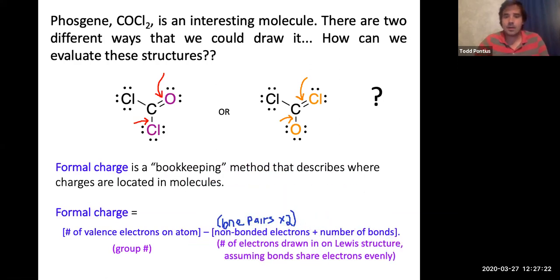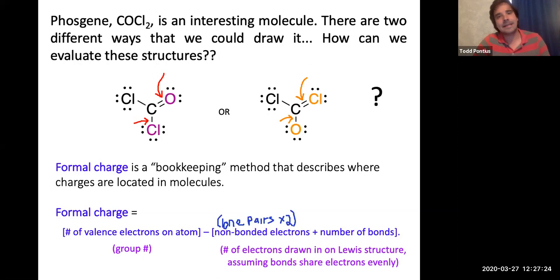The non-bonded electrons and the number of bonds are basically, when you look at the Lewis structure, how many electrons are drawn in on that structure, assuming that each bond evenly shares its electrons. What I mean by that is, if we look at, say, this bond right here, every bond has how many electrons in it? A single bond has how many electrons?